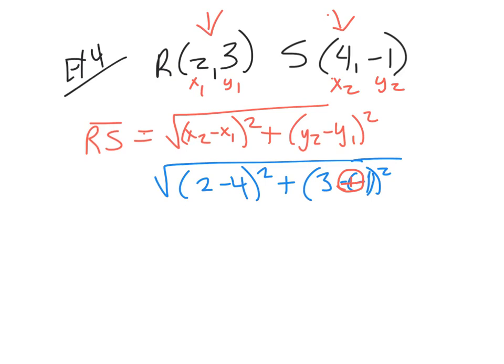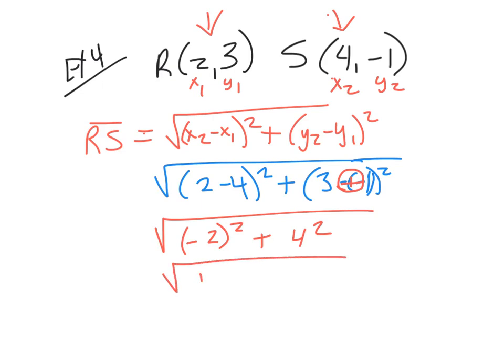So I do that so I recognize that right away. All right, so the square root of, what is 2 minus 4? Negative 2 squared. Plus, what is 3 plus 1? 4 squared. So negative 2 times negative 2 would be? Positive 4. Negative times a negative is a positive.